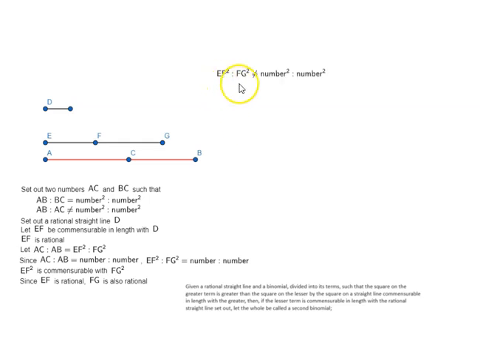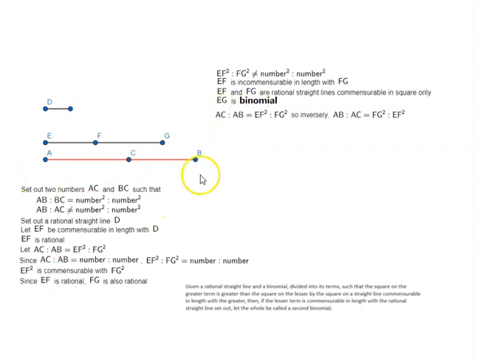Now, EF square is to FG square does not have a number square to number square ratio. So that means EF is incommensurable in length with FG. That means EF and FG are rational straight lines commensurable in square only, which basically means EG is binomial. Now AC is to AB is equal to EF square is to FG square.